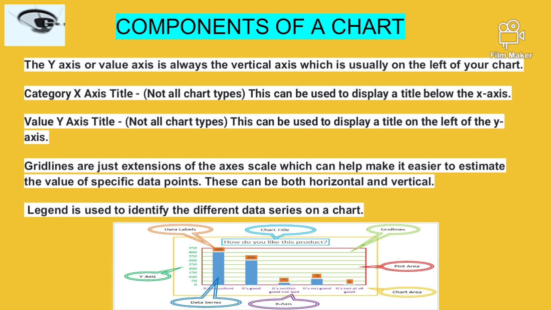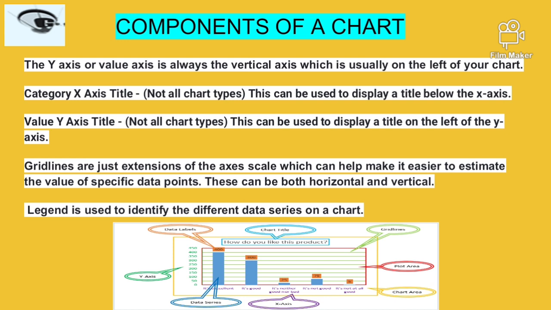Next component is the axis title. Like the chart title, the axis title provides suitable headings to both the axes and makes clear what the axis is all about. The headings, the naming that we do for the x and y axis, is known as the axis title. The next component is grid lines. These are the lines that are used to represent some value other than those represented on the y-axis.